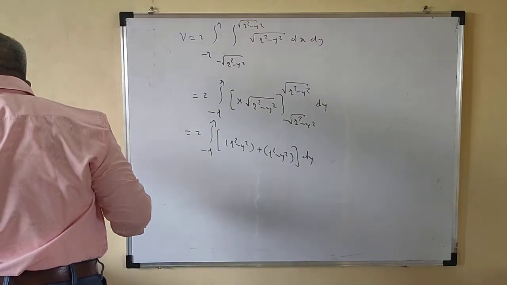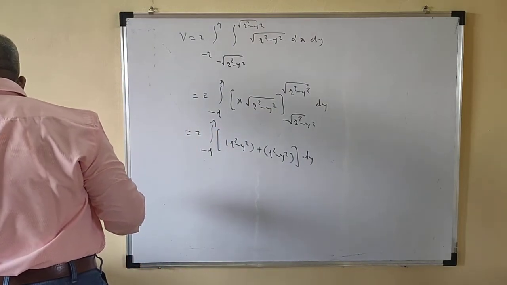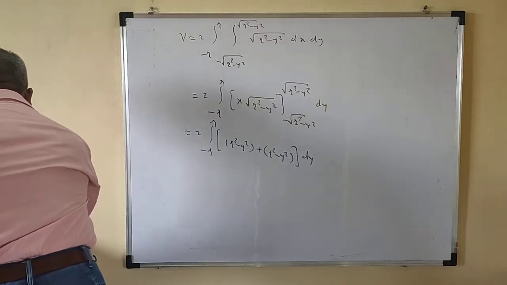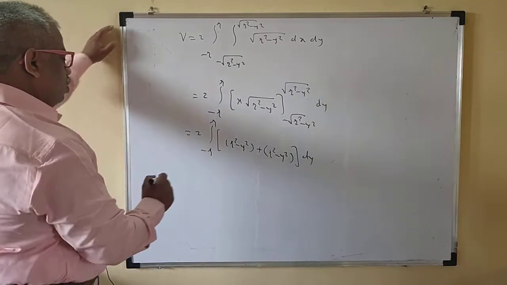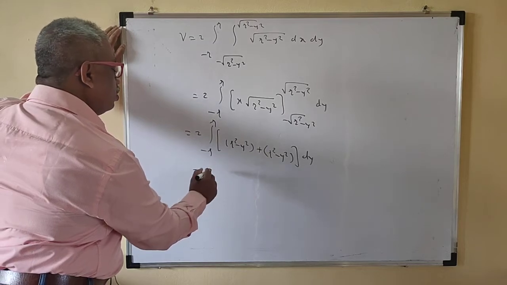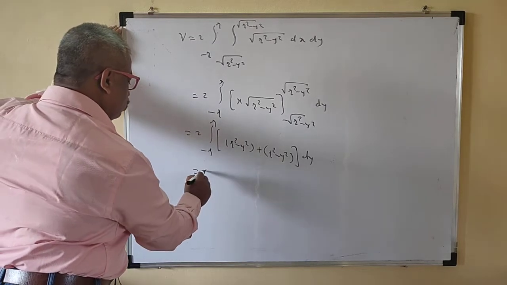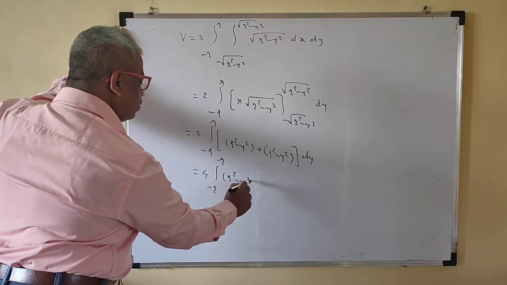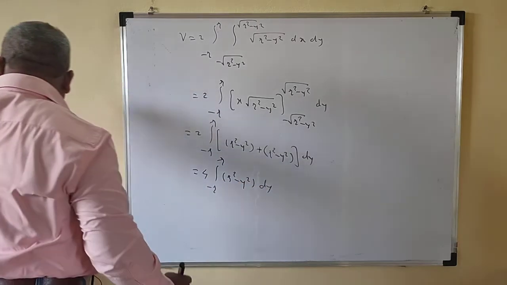This is twice, so this will be 4 integral from minus r to r of root of r square minus y square dy.